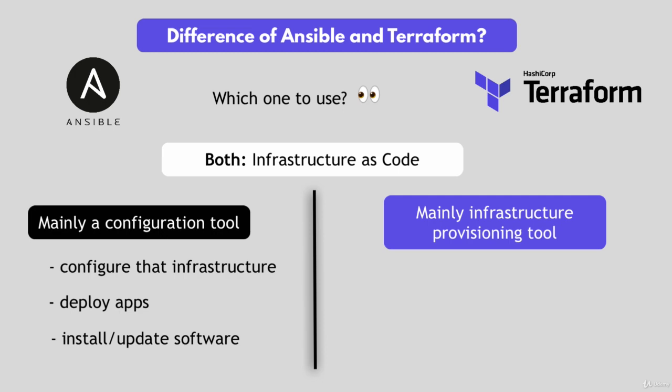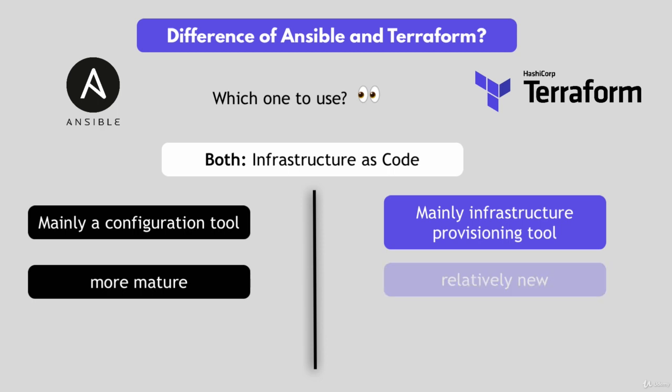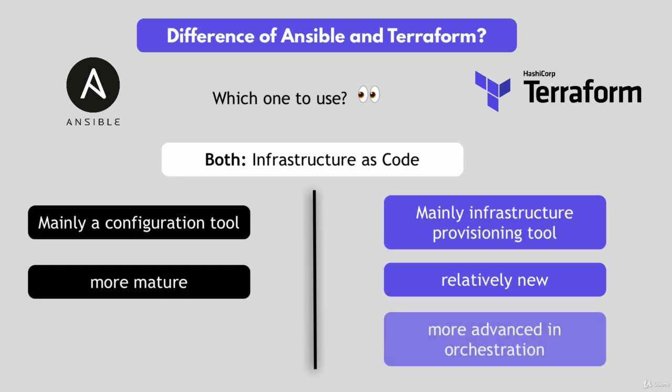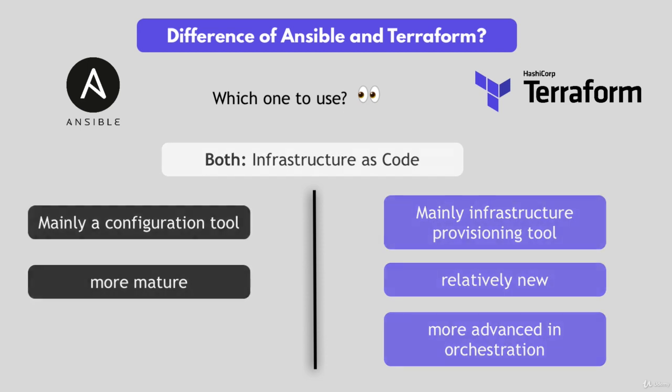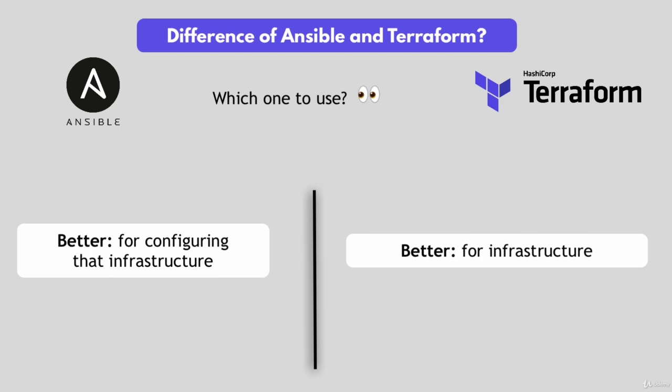Other differences to consider in terms of those overlaps are Ansible is more mature and Terraform is relatively new, and because of that, it's also changing dynamically. And Terraform is much more advanced in orchestration. So to summarize the difference, Terraform is a better tool for provisioning infrastructure, and Ansible is a better tool for configuring that infrastructure, deploying, installing applications and services on them.